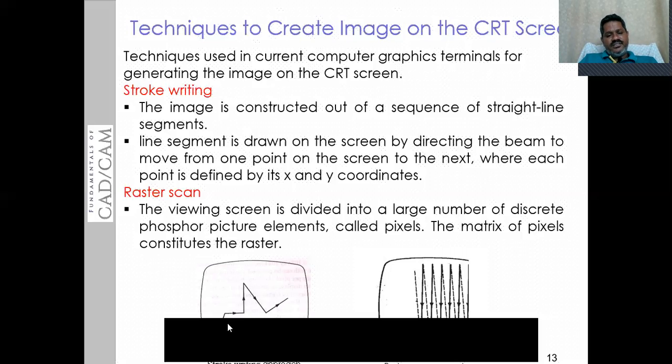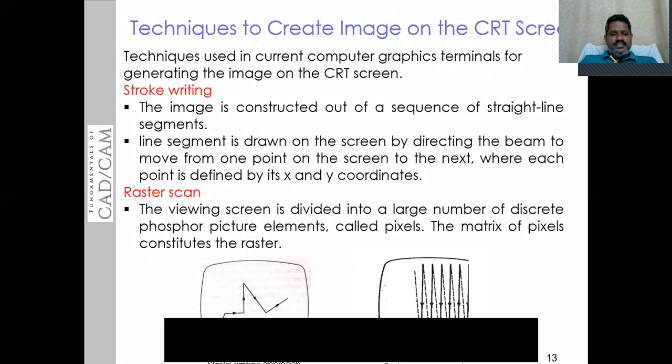These straight lines are approximated as short lines. When we reduce the size of the straight lines, we can approximate them as very short lines to create the arc or circular lines on the screen.